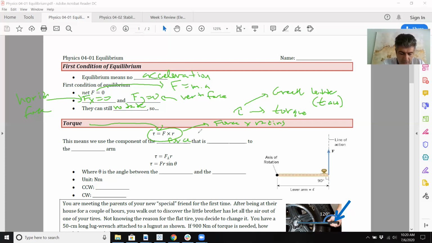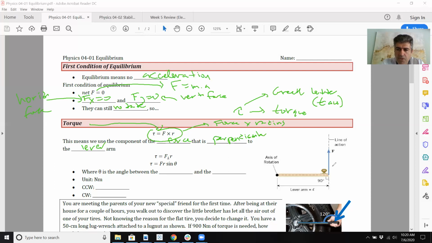So this means that we use a component of the force that is perpendicular to what we call the lever arm. So, for example, I'm not sure what this is representing here, but say you're trying to lift something. Maybe this is a board you're trying to lift.